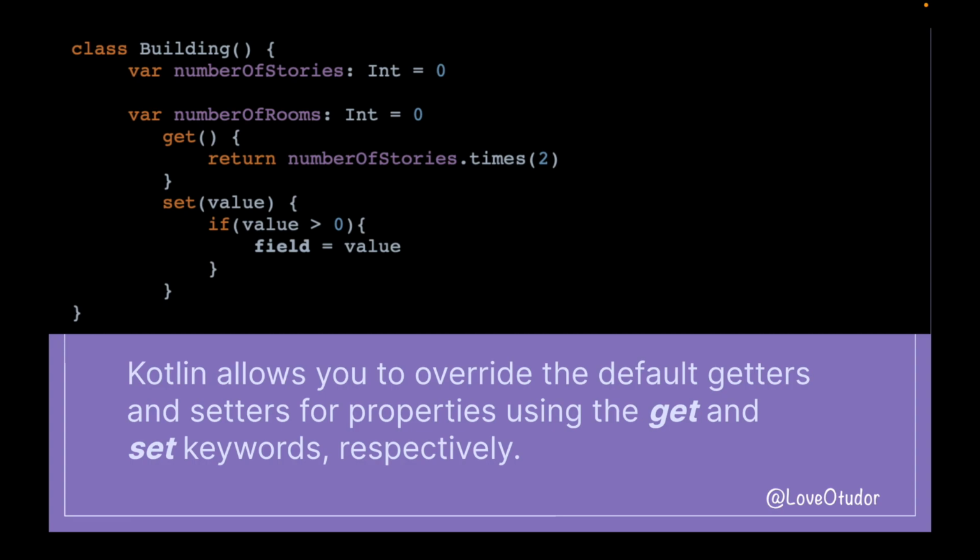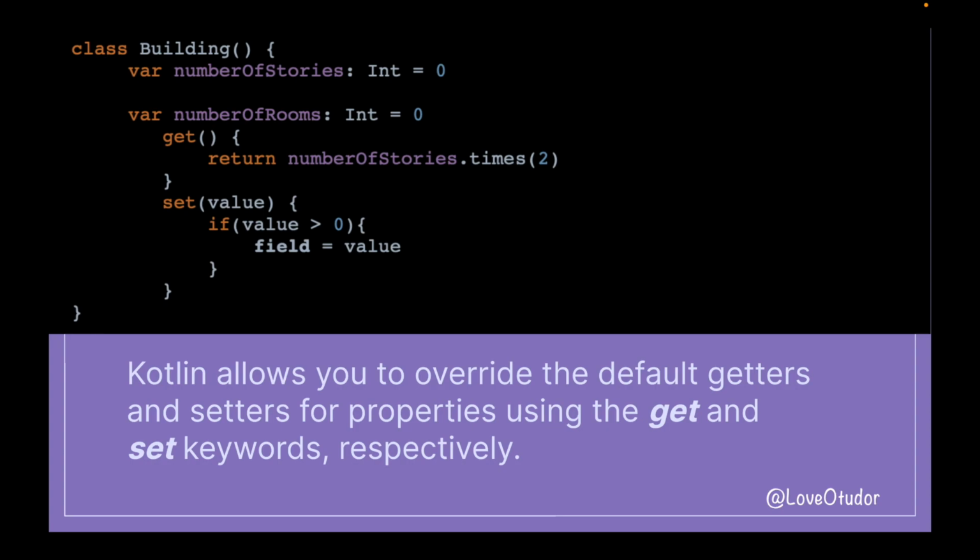This means whenever you would want to access the number of rooms for a particular building object, it would return the number of stories times 2. So if the number of stories is 10, then it would return 20 as the number of rooms. And if you would want to set the value for the number of rooms, the value has to be greater than 0.